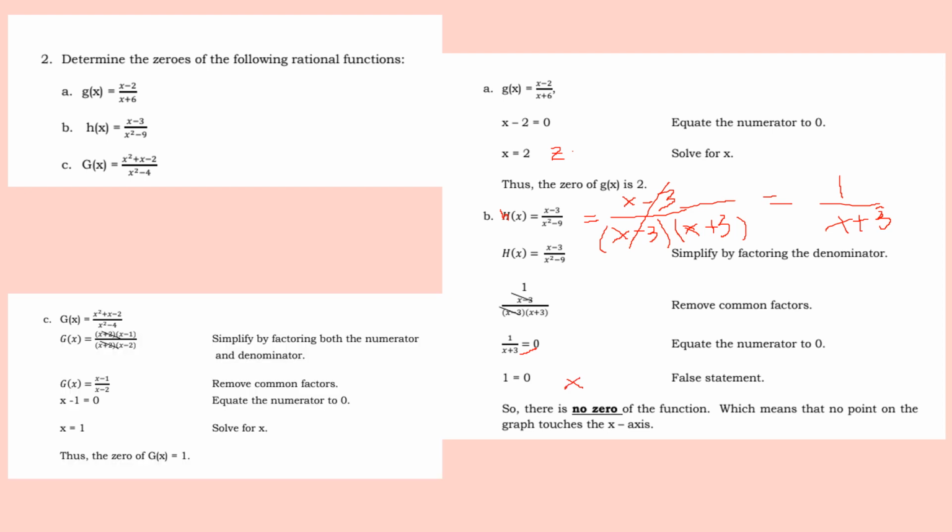Next, letter C na tayo. The given in letter C is x squared plus x minus 2 all over x squared minus 4. Again, hindi ka pwedeng dumiretso na titingin lang doon sa numerator. I-simplify mo muna iyan.